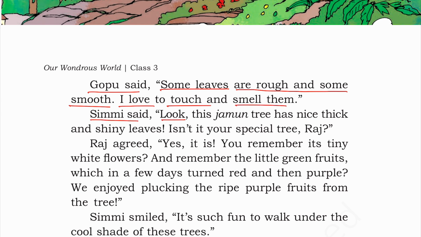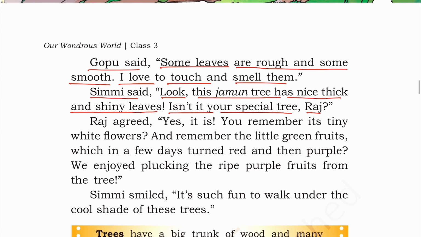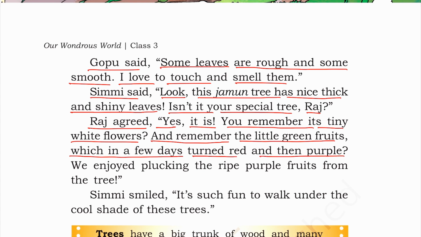Simi said, "Look, this jamun tree has nice thick and shiny leaves. Isn't it your special tree, Raj?" Raj agreed, "Yes, it is. You remember its tiny white flower and the little green fruits, which in a few days turned red and then purple.